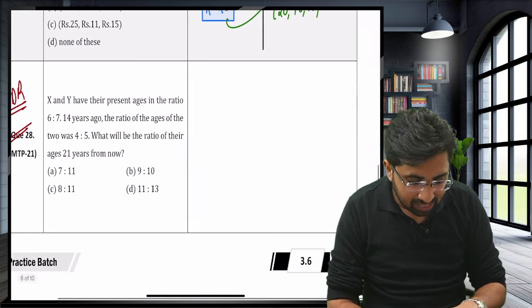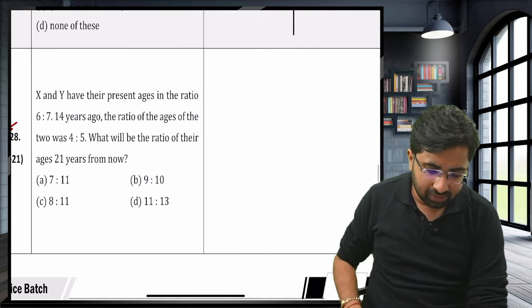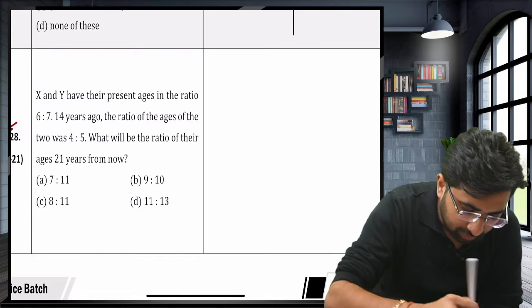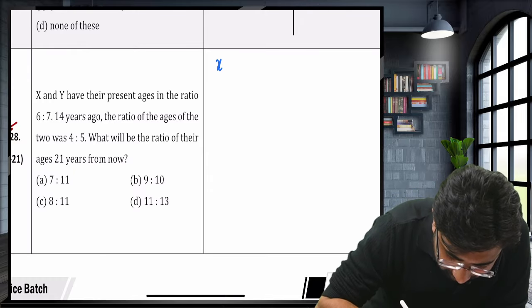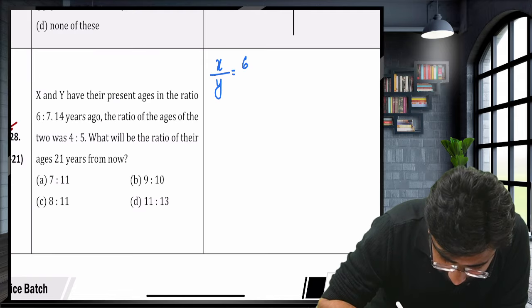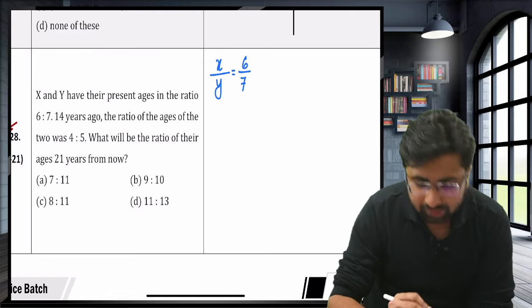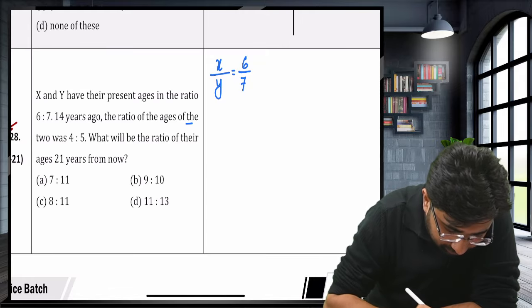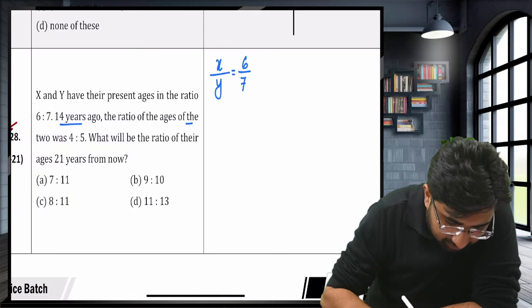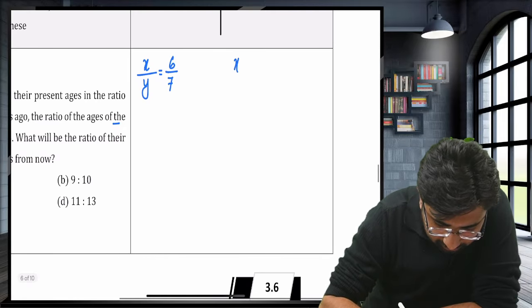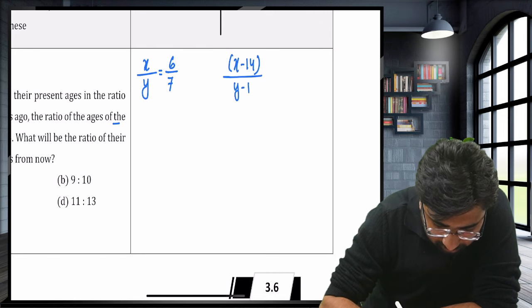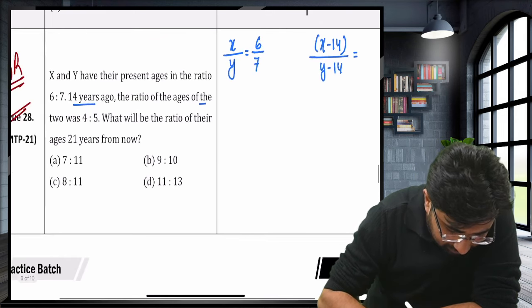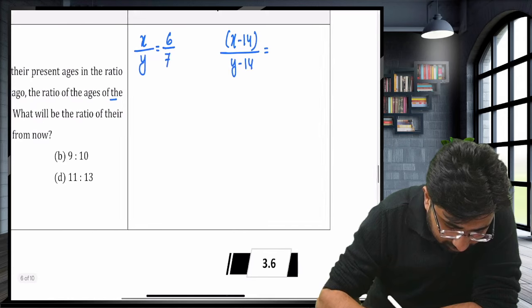X and Y are having their present ages in the ratio. Let us assume the age of X is X, the age of Y is Y, and their present ages are in the ratio 6/7. 14 years ago, their ages were in the ratio 4/5.